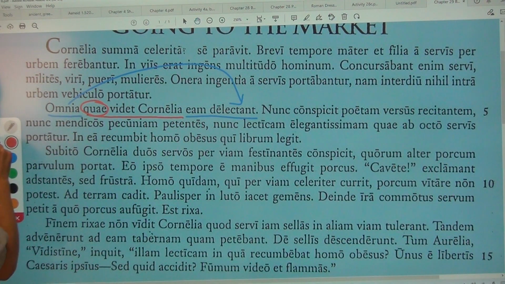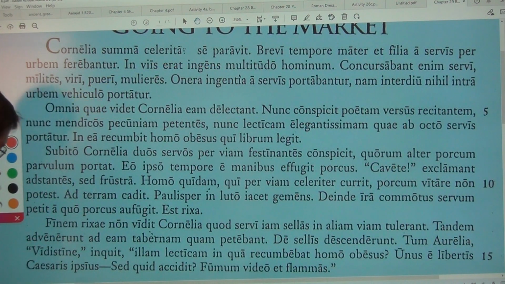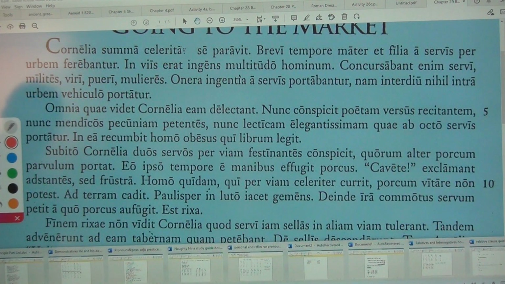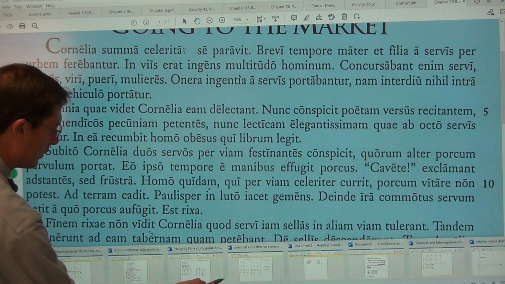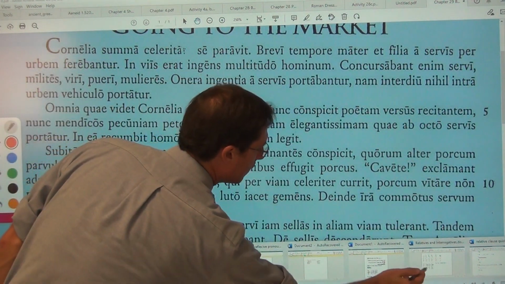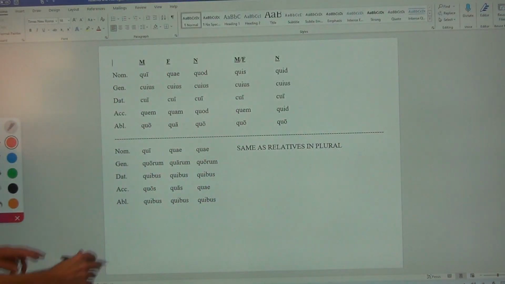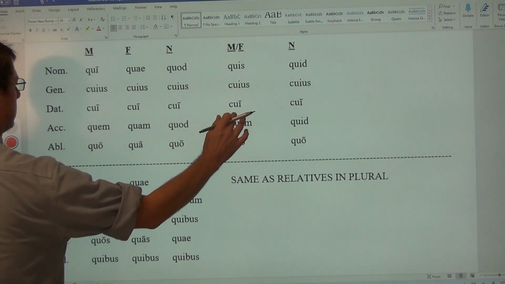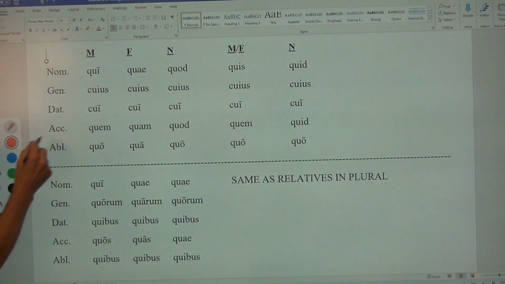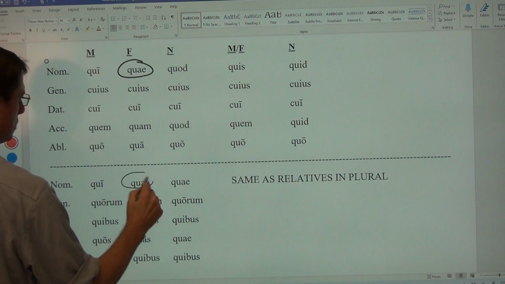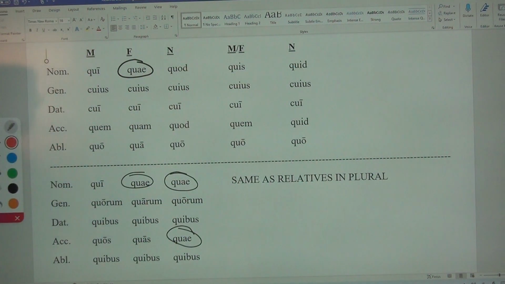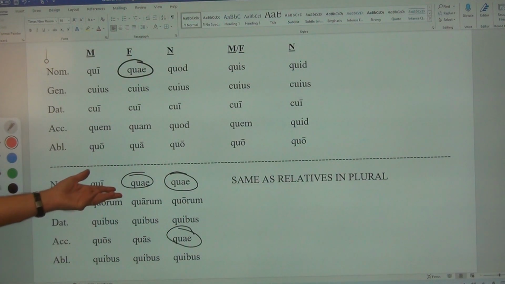Cornelia sees. Now, very quickly, if you were to look in the chart of relatives, and hopefully I have it pulled up here so we can see it rather quickly, and there we go. If you will note, and let's make it a little bit larger, that the quae is going to appear in four different spots, and so we have to figure out which one. Is it nominative singular feminine, nominative plural neuter, or accusative plural neuter?